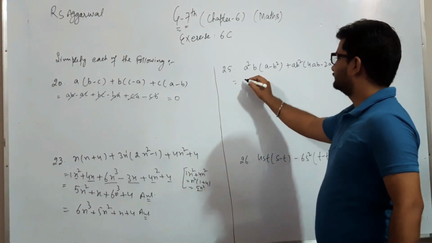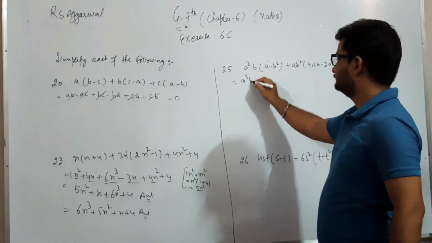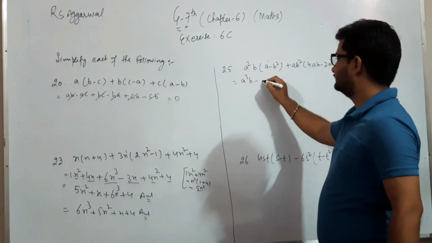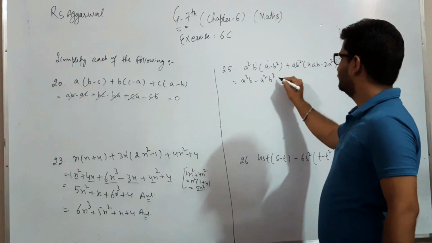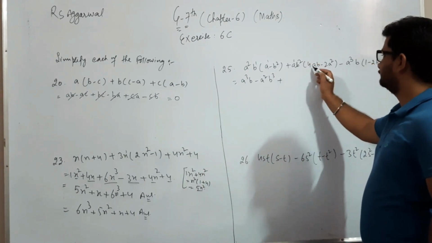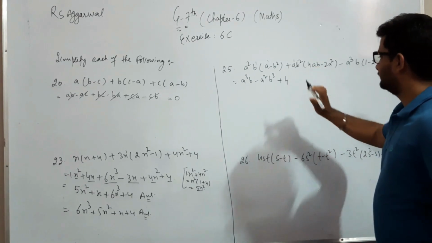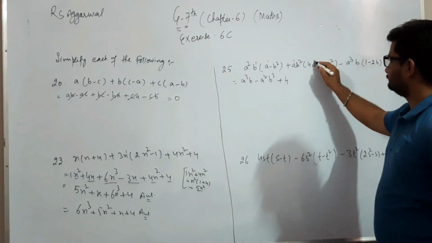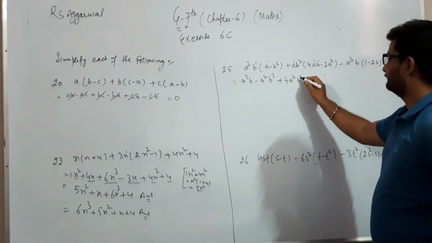a2b is multiplied with a, so a2 times a1 is a3, and with b, then the minus sign: a2b multiplied with b square, then a2 and b1 is multiplied with b2, it is b3. Then the plus sign: a1 b2 multiplied with 4ab, so first 1 into 4 is 4, the constant number is 4 here, a1 is multiplied with a, so it is a2, b2 is multiplied with b1, it is b3.